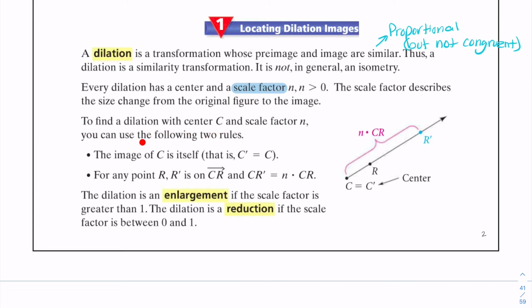To find a dilation with center C and scale factor n, you can use the following two rules. The image of C is itself, that is C prime equals C. For any point R, R prime is on ray CR, and CR prime equals n times CR. So an enlargement is when the scale factor is greater than 1.